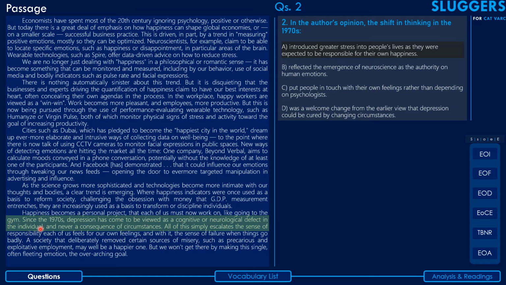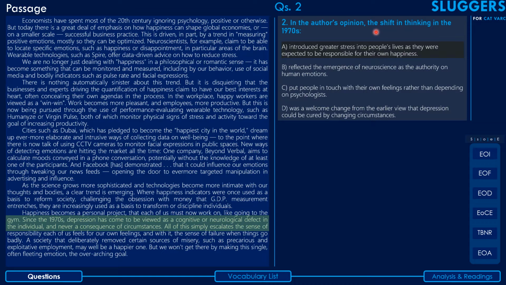That is the part where the author talks about how since the 1970s depression came to be viewed as a cognitive or neurological defect as opposed to being a consequence of circumstances. So basically, the view with respect to the causal factors of depression since the 1970s had changed. That's what the author has talked about here in the point of reference. With that in mind, let's check each option one by one.